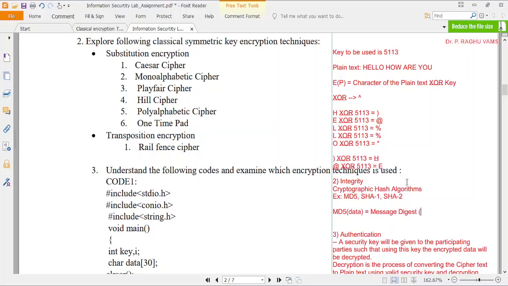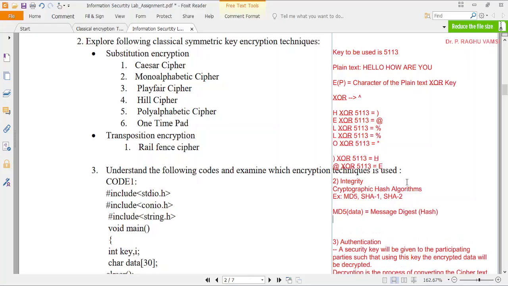Based upon the algorithm that you use, the message digest will be created, and along with the data, this message digest will also be sent to the receiver. Whenever the receiver receives it, the same data will be passed again through the same cryptographic hash algorithm, and he will generate the message digest.